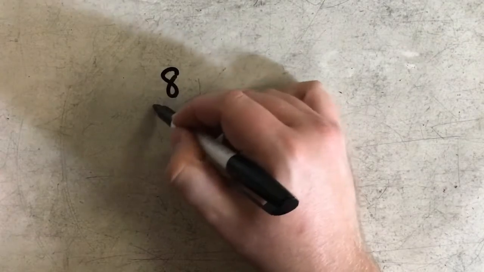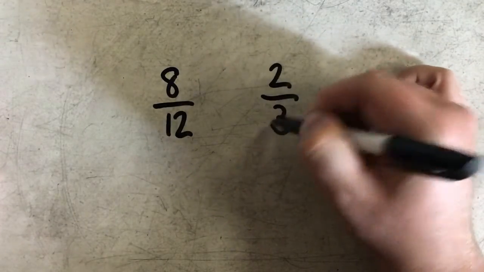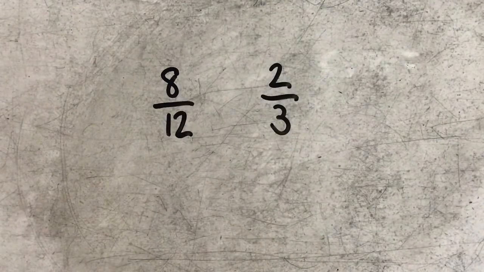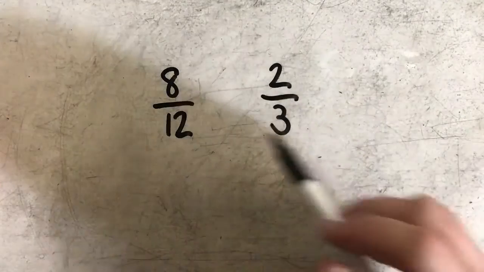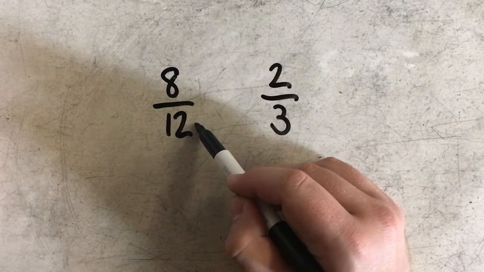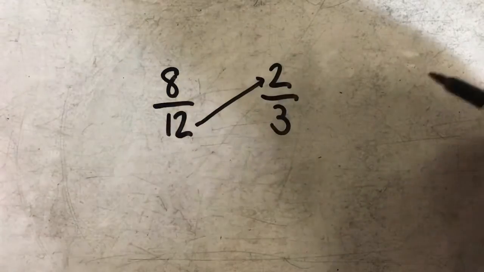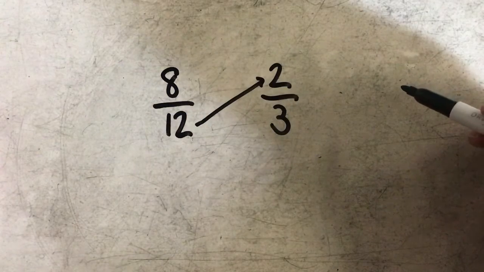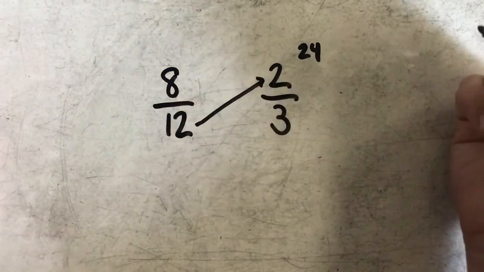Here we have 8/12 and 2/3. Again, using the cross multiplying method, I'm going to multiply the denominator of one fraction times the numerator of the opposite fraction. 12 times 2 is 24.